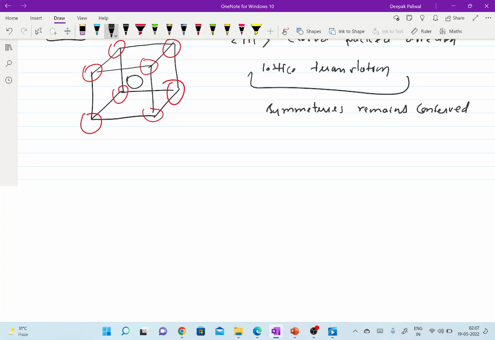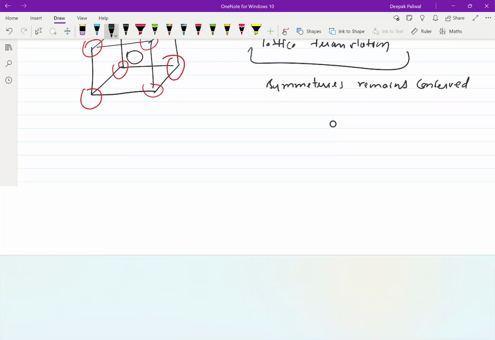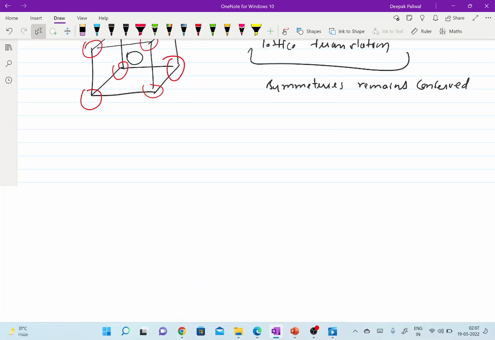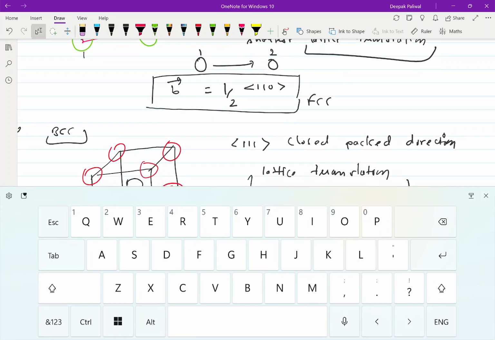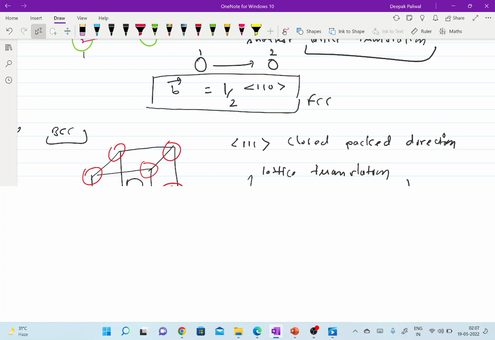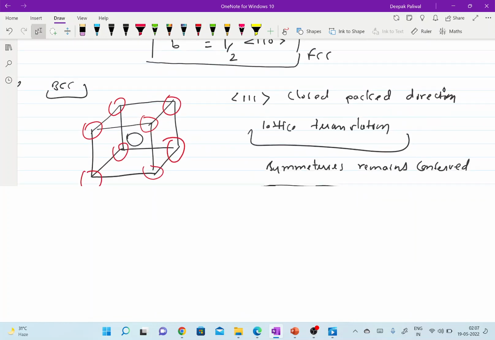Then only can we call it a lattice translation, and this lattice translation is represented by the Burgers vector. In the case of BCC, it is 1/2 111. In the case of FCC, it is 1/2 110. Okay.